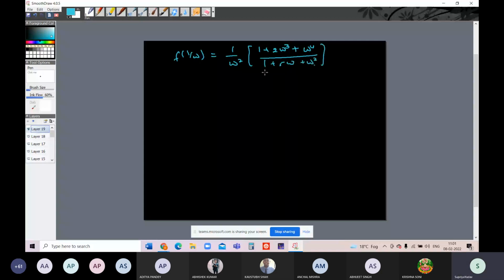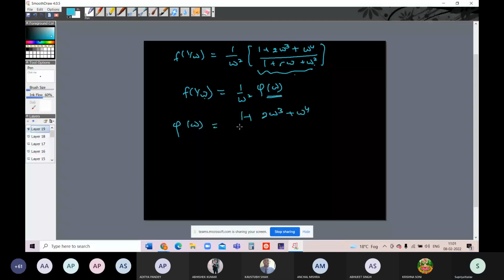Let us call this phi omega. So first of all, we will discuss this phi omega, where phi omega is (1 plus 2 omega cube plus omega to power 4) divided by (1 plus 5 omega plus omega square). You can see that at omega is equal to 0, the value of this function will be 1, which is non-zero.